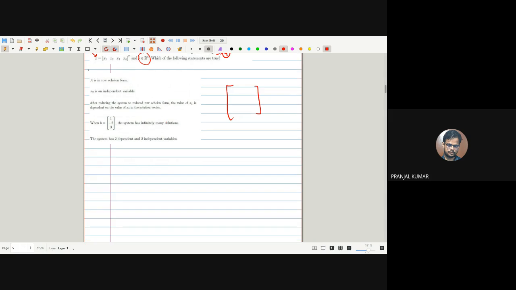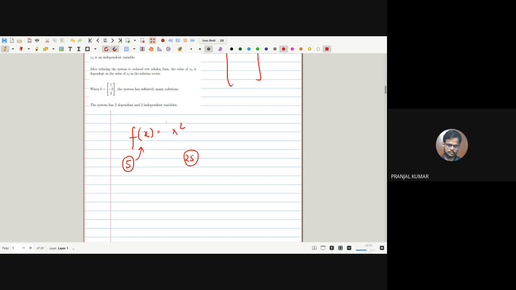One more thing I should tell you. Suppose this is a function, f(x) equals x squared. If you put 5 in this, what will you get? 25. Similarly, a matrix is also a function in which you put in a vector and you get a vector as output.